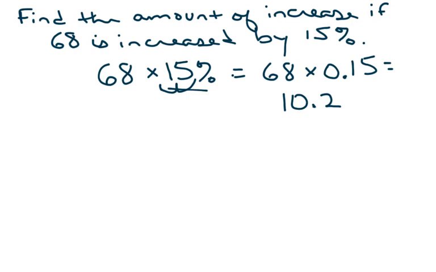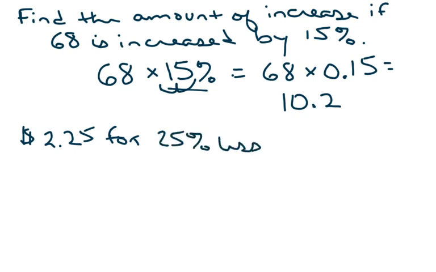So the problem is, a computer disk that once sold for $2.25 now sells for 25% less. Okay, and then it says how much is the disk now.